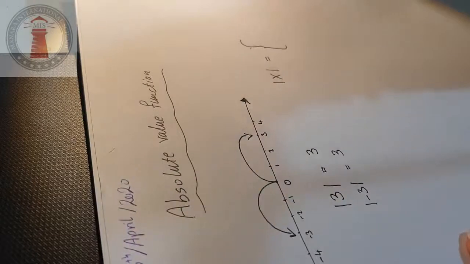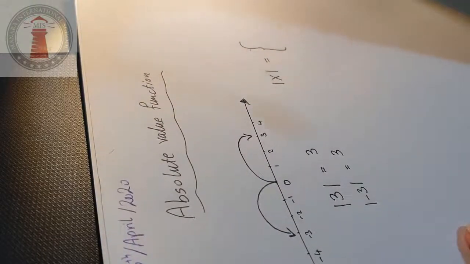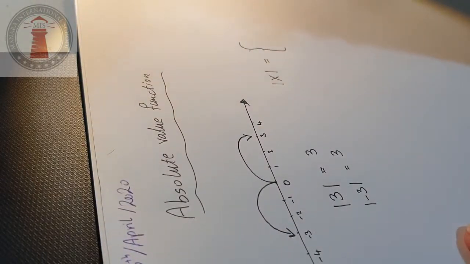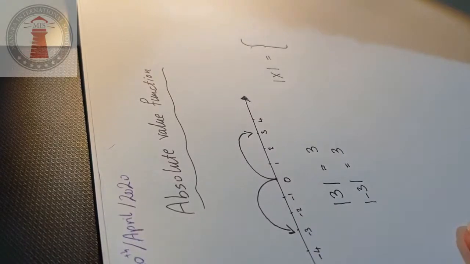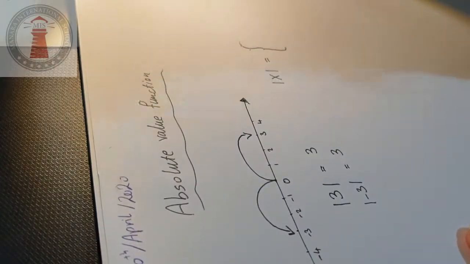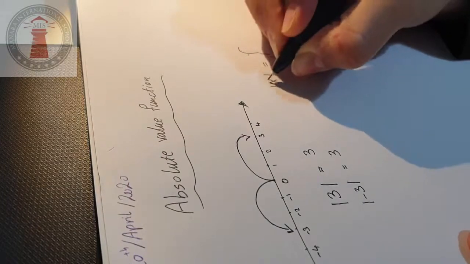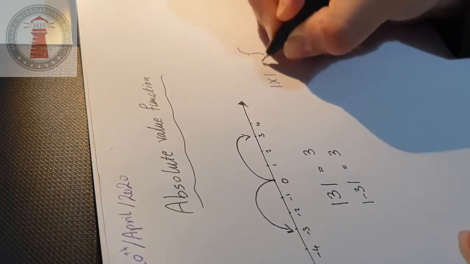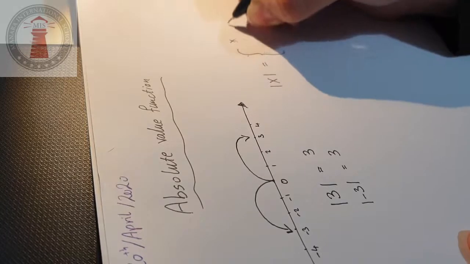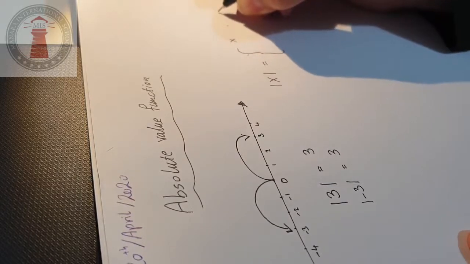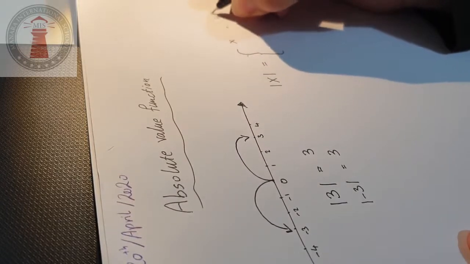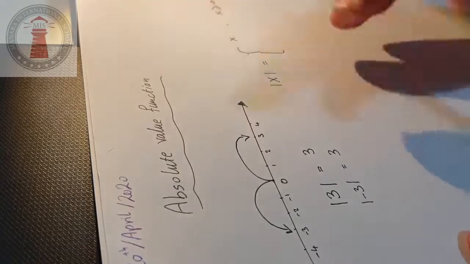I will show you how later. Now, usually it's just two conditions, or 2 possible answers. The first one is if it's the absolute value of x, then it is equal to x if x is greater than or equal to 0.